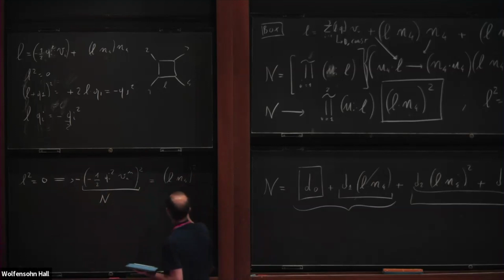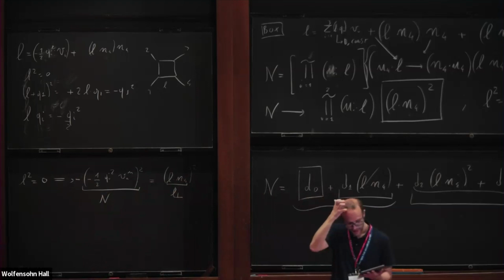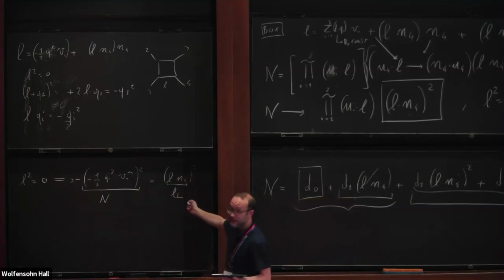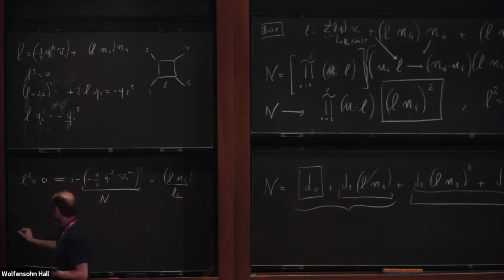Okay, let me call L dot L4 L transverse, so it is the transverse part, and you see immediately that this has two solutions. It's a quadratic equation for L transverse.